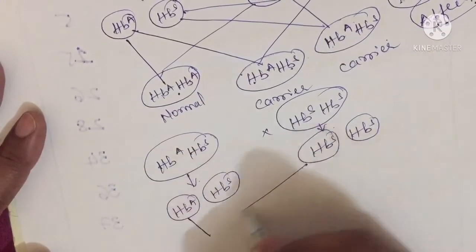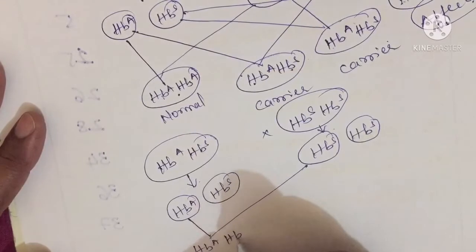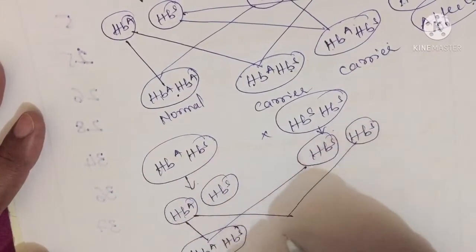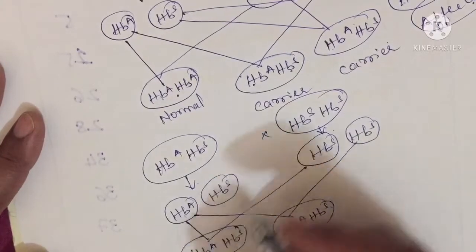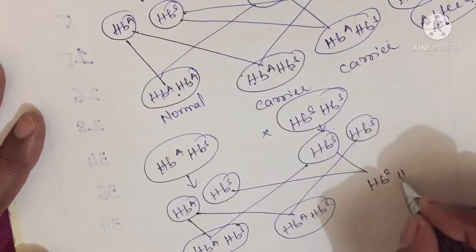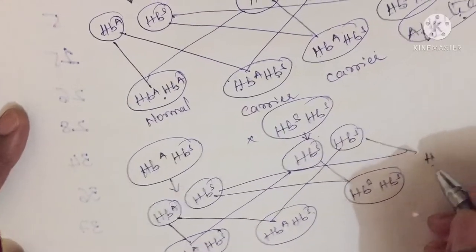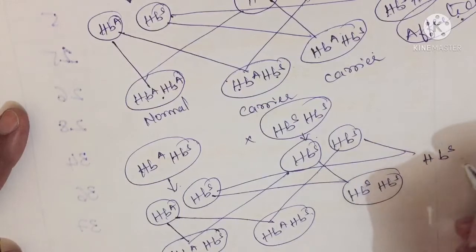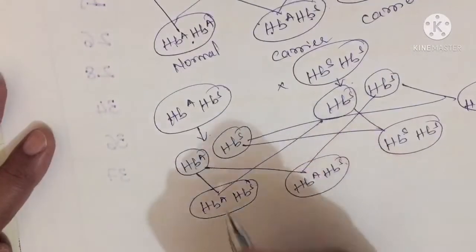Okay, now if you cross this one, you will get HBA, HBS. Okay, then you will get HBA, HBS. Then here HBS, HBS. After this you will get HBS, then HBS. Fine, you will get this.